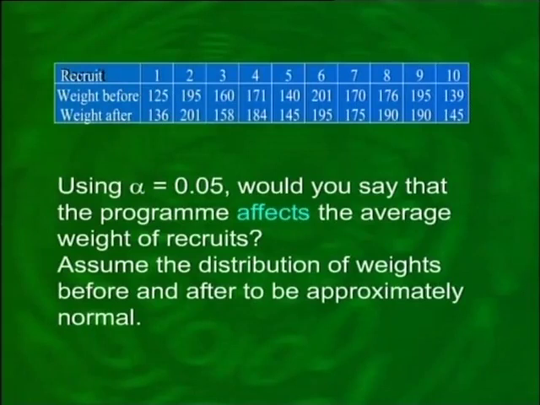Similarly, we have the figures for all the other recruits. Using a level of significance of 5%, would you say that the program affects the average weight of the recruits? Assume the distribution of weights before and after the training to be approximately normal.